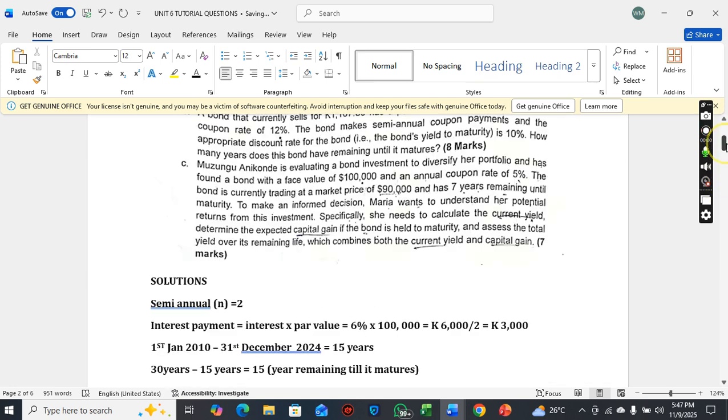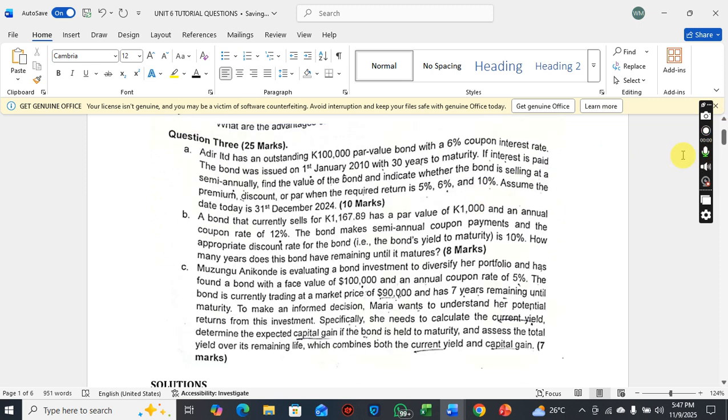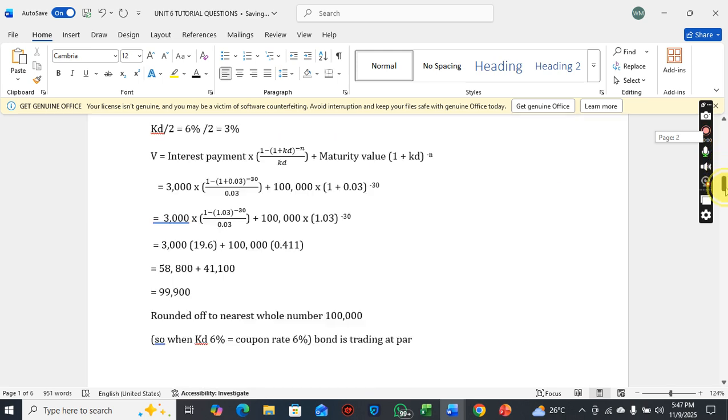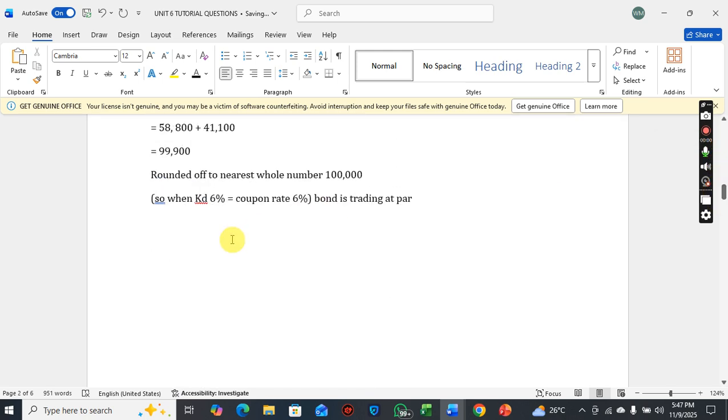And finally, the other percentage was 10%. So KD divided by 2 gives us 5%.